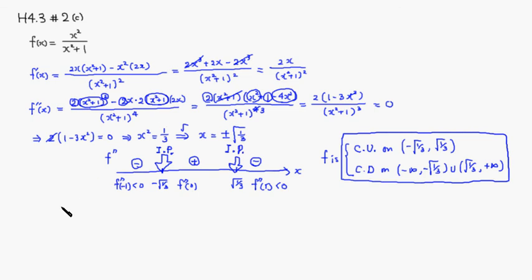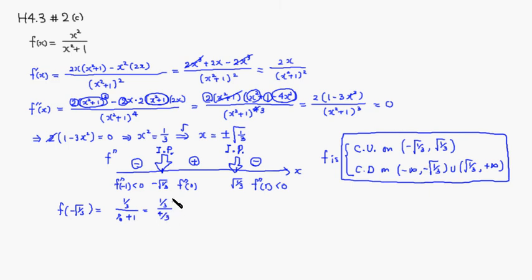We just want to find the corresponding y value, so evaluate f of negative square root of 1/3. Squaring that gives 1/3 on top over 1/3 plus 1, so 1/3 over 4/3.